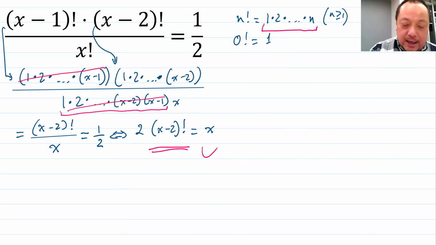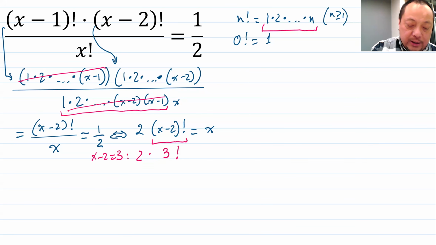So I know that this is not going to be big, so I'm going to try something. If x minus 2 is equal to 3, then this expression is equal to 2 times 3 factorial. And 3 factorial is 6, so 2 times 6 is 12.